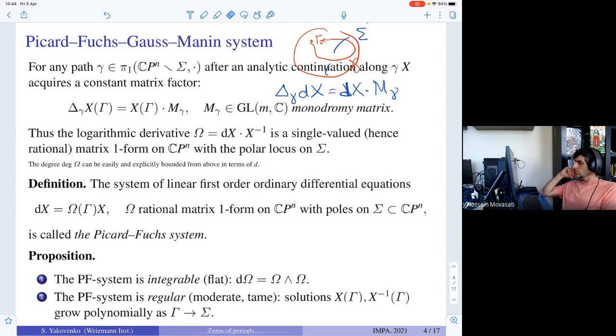And we know that as we approach the singular divisor, the period matrix grows tamely, polynomially, which is a very characteristic restriction, because in the theory of differential equations we have a typical dichotomy: the growth can be either moderate, like a pole, or exponential, which corresponds to an essential singularity for functions of a complex variable.